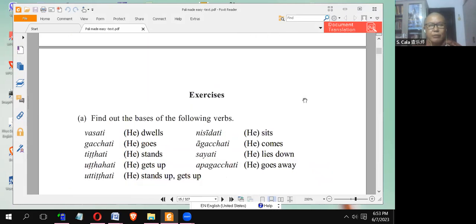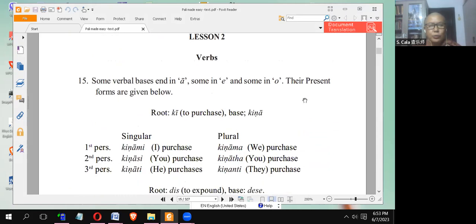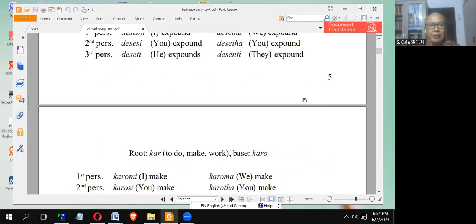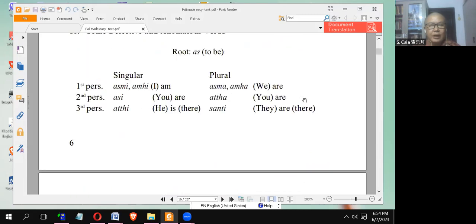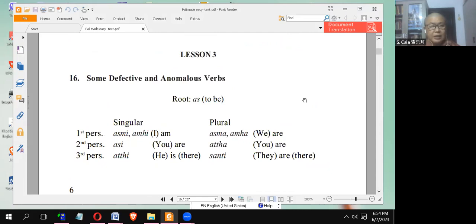Then we have lesson 2 with kinati, kinanti, kinasi, kinata, kinami, kinama. Then this one, even though it is called defective, we actually see all the time: ati, santi, asi, ata, asmi, ami, asma, amma.